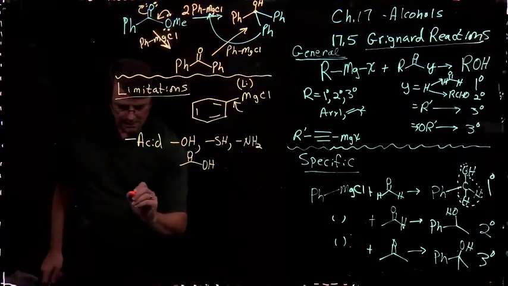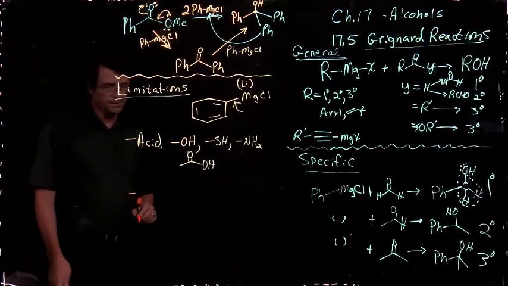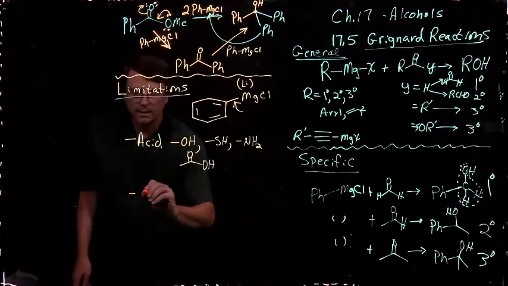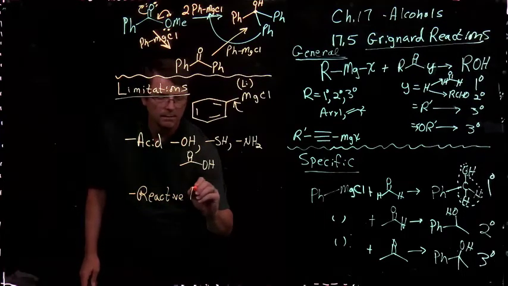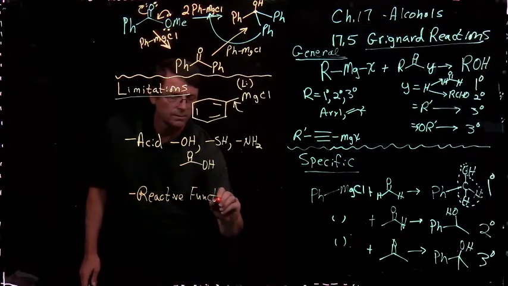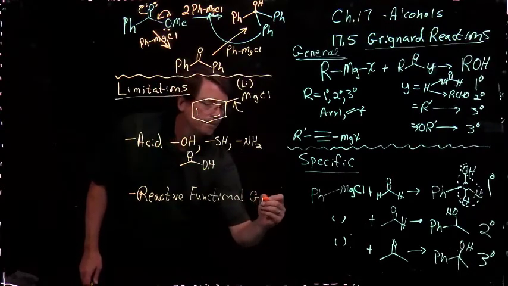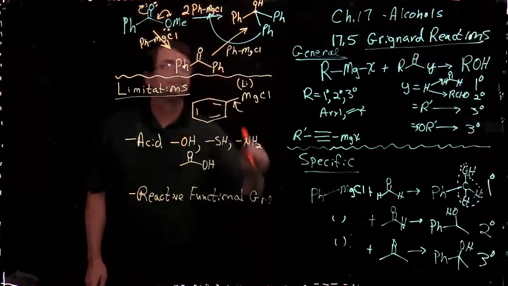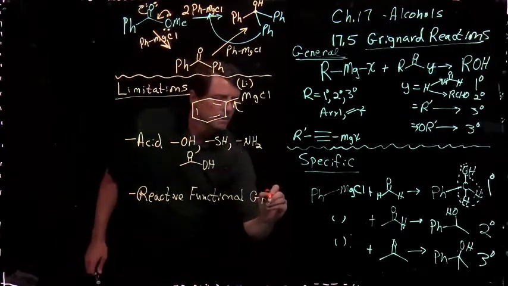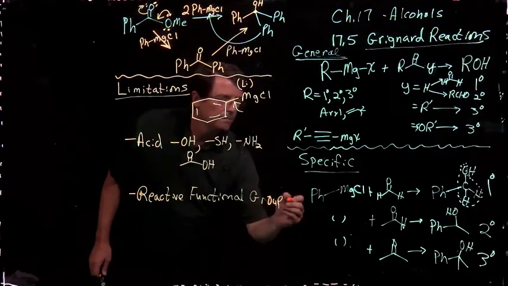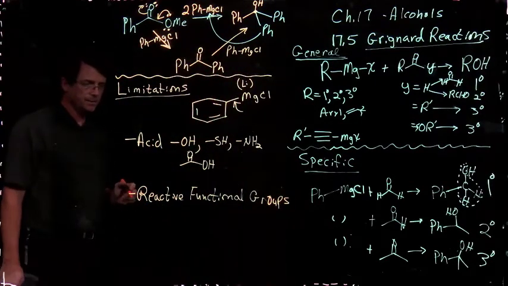The other thing is, obviously the Grignard reagent reacts with lots of functional groups. So you have to avoid reactive functional groups. We don't want to react with the functional group.